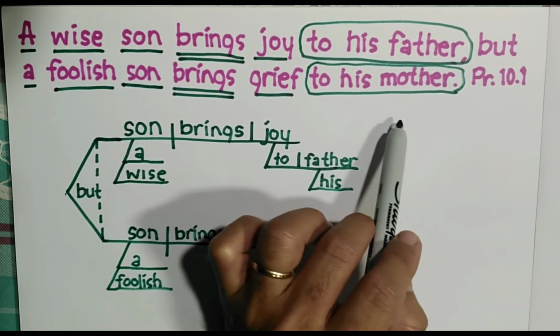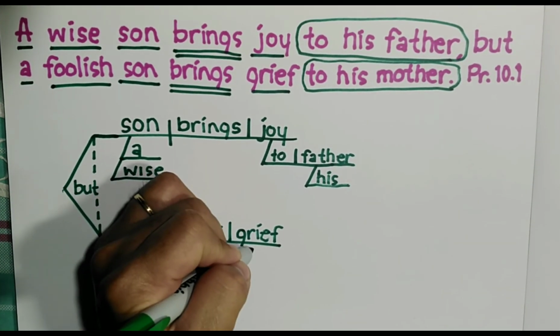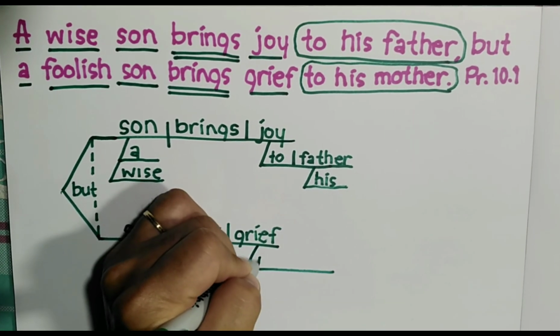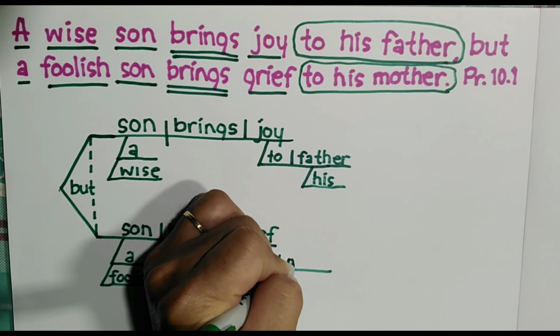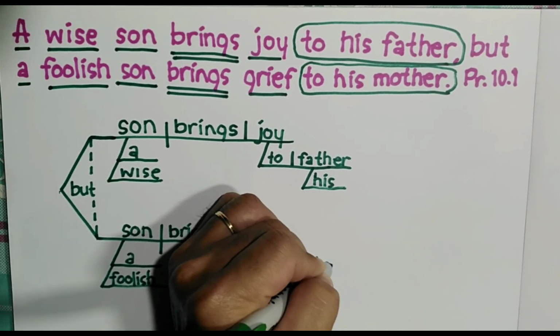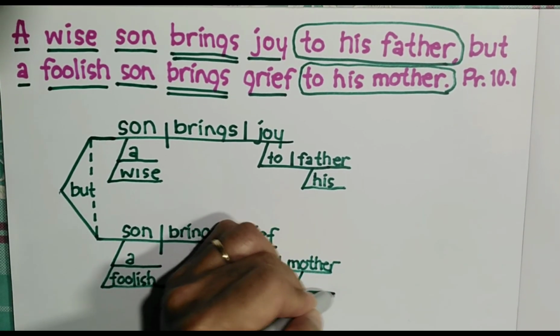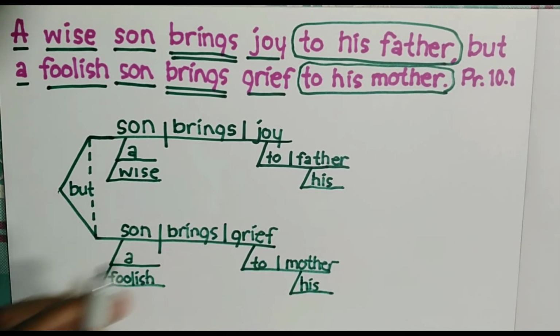This one will go down since it describes the mother. So I will put to, object of the preposition, mother. And then whose mother? His mother.